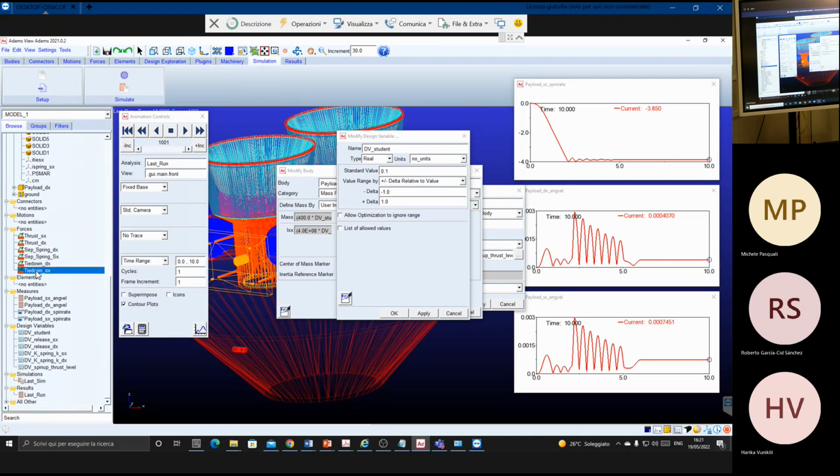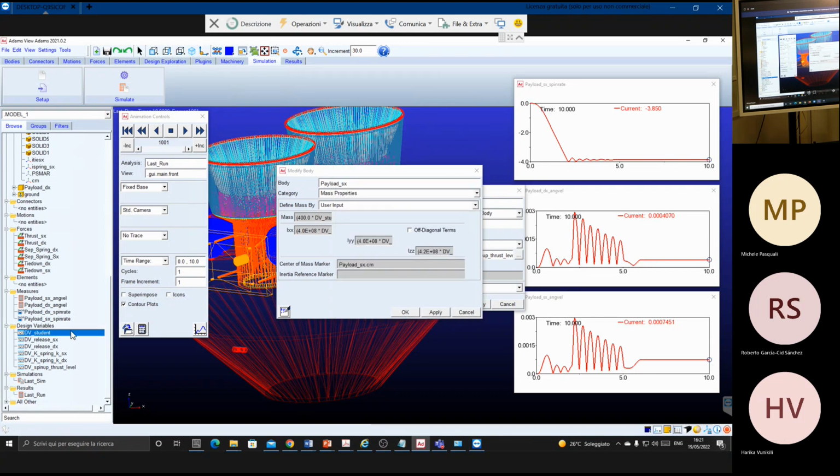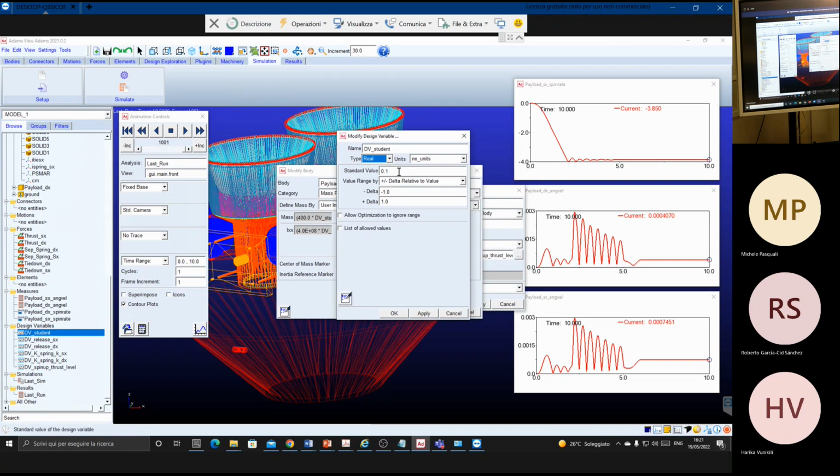Again, this is just an example. What you will have instead is this. When you click on it, you will have this. Here you should set the values that we have agreed. This will automatically modify the mass and so the inertial properties of the payloads. So this is it.